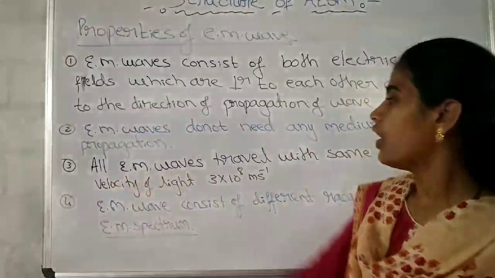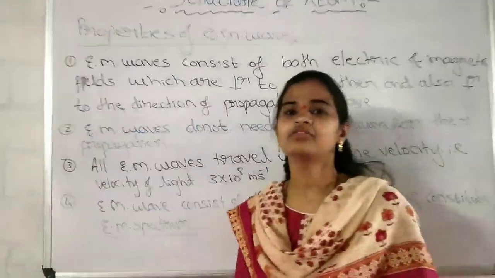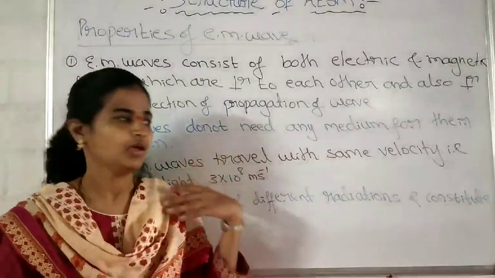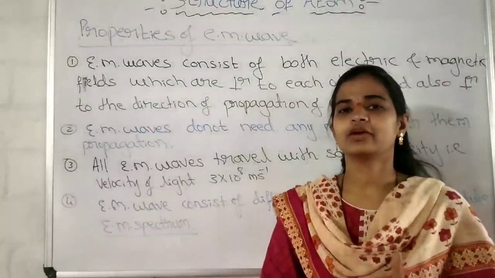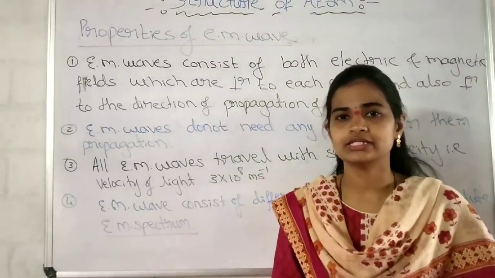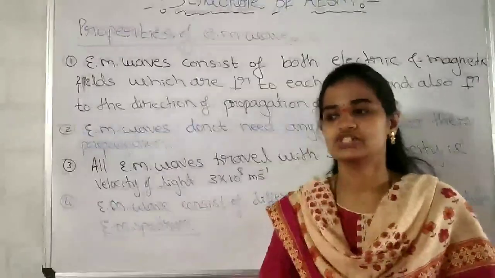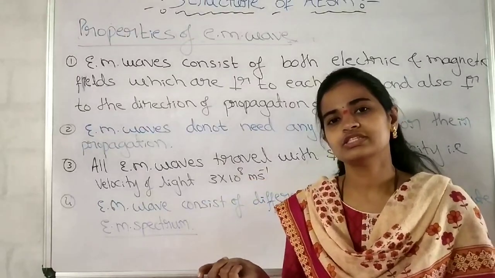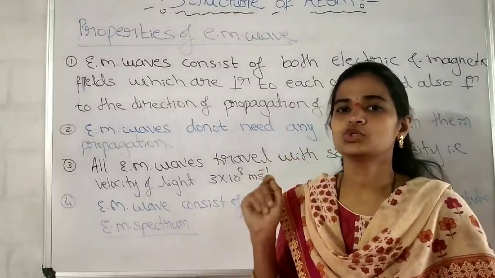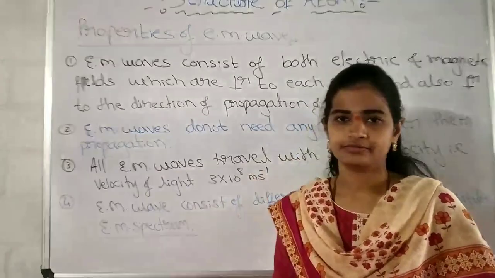Next, all electromagnetic waves travel with the same velocity. Velocity is generally speed. All electromagnetic waves travel with the same velocity, that is the velocity of light. What is the value of the velocity of visible light? 3 into 10 raised to 8 meters per second.